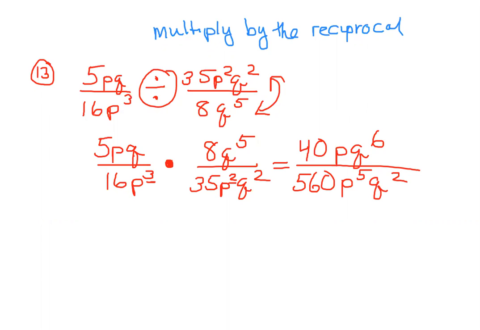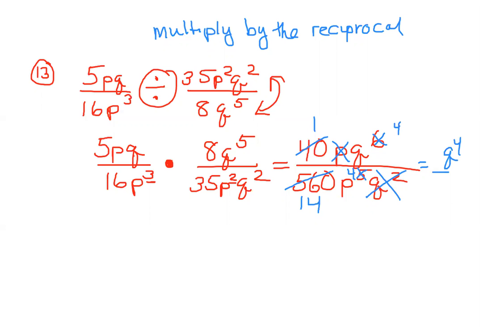Okay, 40 actually goes into 560 14 times. Who knew? And we got 1p here and 5 down here, so that's going to all cancel, and that's going to become a 4. We got 6 q's up here and 2 down here, so those are all going to cancel, and that's going to become a 4. And we are left with q to the 4th. Oh, sorry about that.